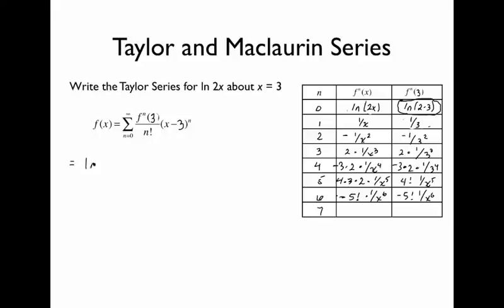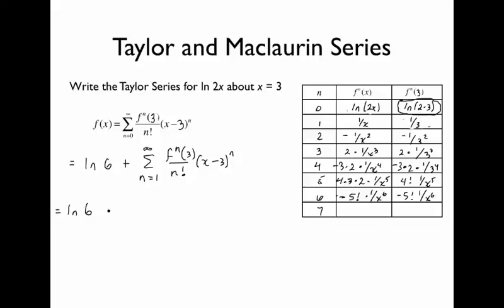So we're going to start off with ln of 6, plus the sum starting at n equals 1. You did that because the 0th term is not part of the pattern. Yeah, if we're going to write one pattern for all of it, that can't be part of it.